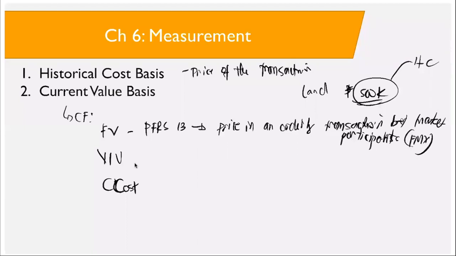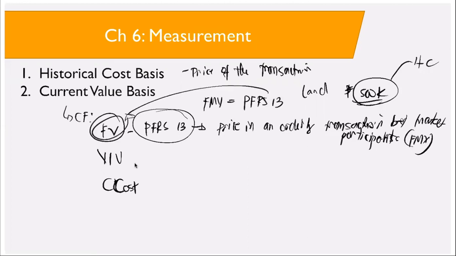So normally, to sell an asset or to pay out of that asset or to transfer a liability, fair value provided under PFRS 13. Take note, I told you the definition of your fair market value is the same with the definition provided in your PFRS 13. Therefore, the fair value definition under your conceptual framework is the same with your PFRS 13.